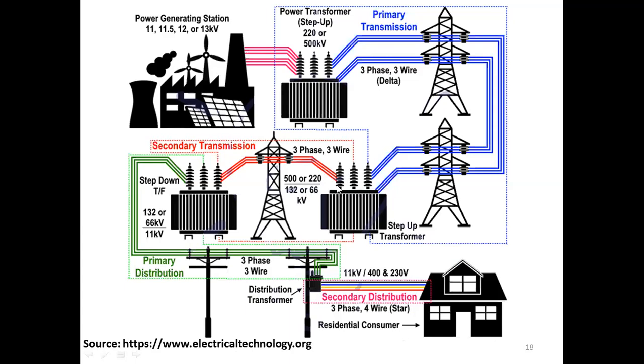That is given to a substation through a transmission network. From the substation, that 66 kV or 132 kV line is stepped down to 11 kV. Then that line is given to your distribution transformer.